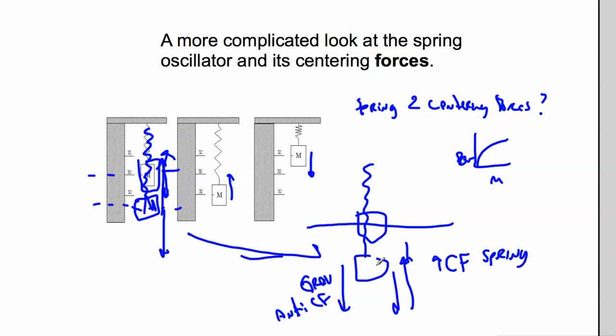And because the mass is greater, we have greater gravity and greater spring force. And so we have a greater centering force and a greater anti-centering force. And so those two factors tend to cancel out, leaving the only factor that affects the period of the mass on spring being the inertia. And so, as we saw, more inertia, more resistance to changes in motion, longer period.